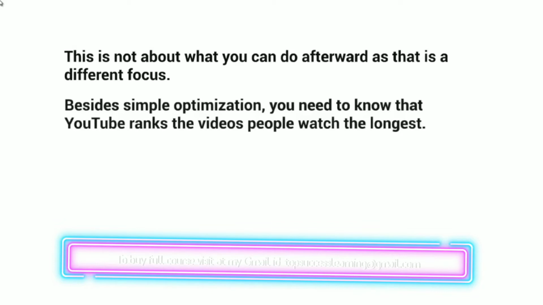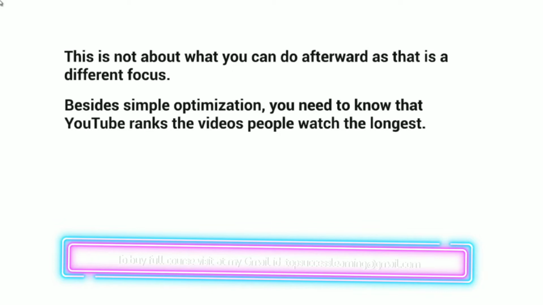Besides simple optimization, you really need to know that YouTube ranks the videos that people watch the longest. Meaning, let's say for example that we have a 10-minute video. YouTube looks at that video. They look, yes, at the likes, dislikes, and comments, but they also look at, okay, do people actually watch most of this video?